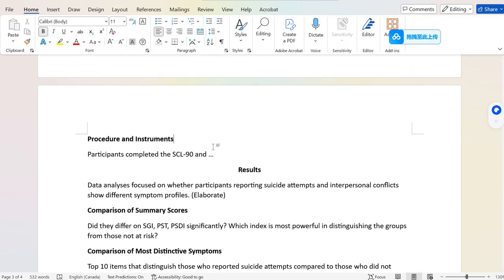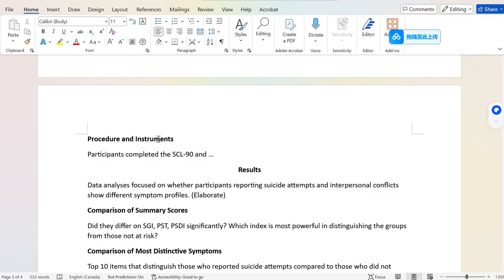After you talk about the sample, the participants, you talk about the procedure, what happened, how it happened, what the different characters did, what Cinderella did, what the prince did. The researcher basically gave the participants questionnaires to complete. There are two instruments.